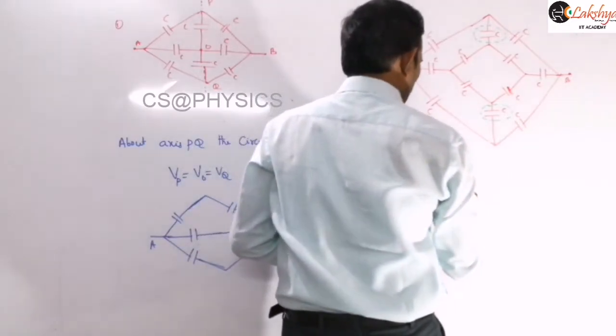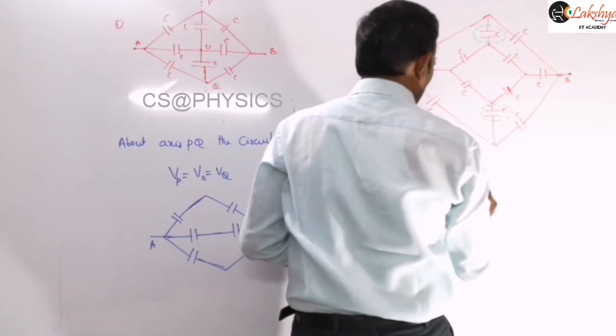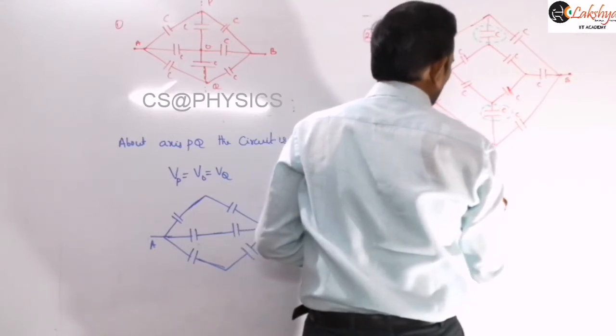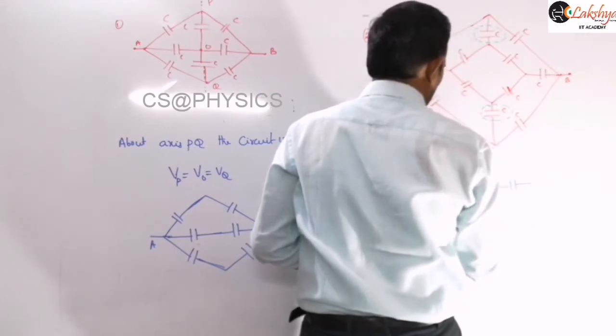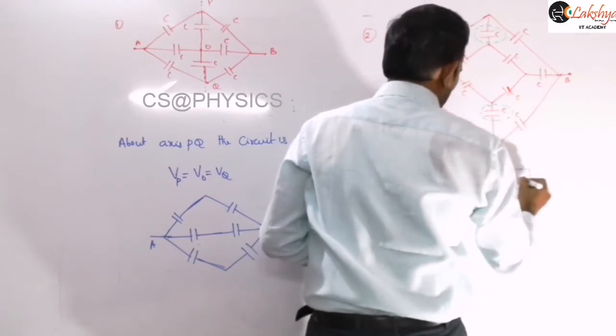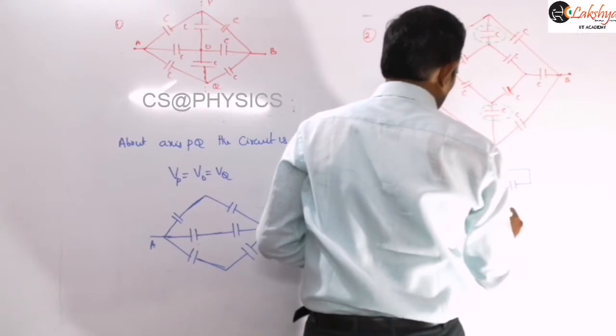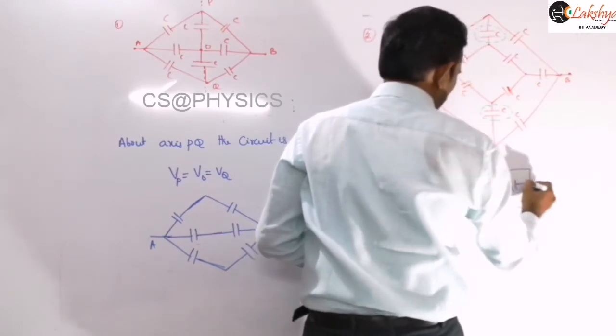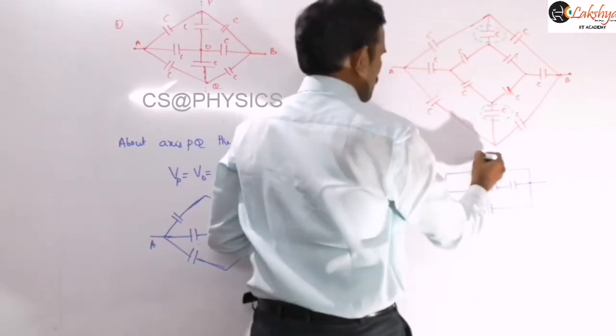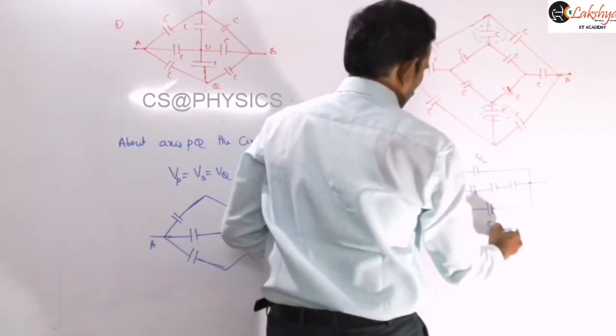So finally, what I can write here is, it is C, C and C, three capacitors will be there here, and another capacitor will be there like this, so you can redraw the circuit like this. Then this capacitance is C by 2 and this is C by 2.